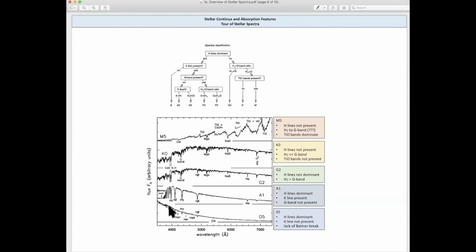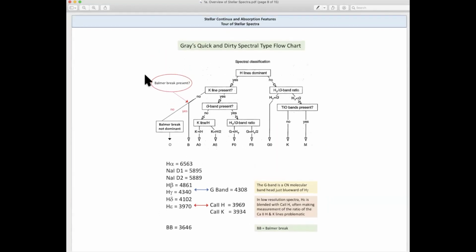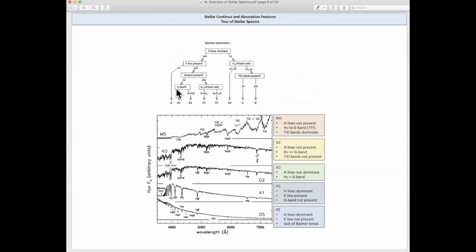You come down, I don't see it. That's a no. Then you should be looking for the Balmer break. As I said in my previous version, here's where you should ask about the Balmer break. In fact, there really is no Balmer break. There's basically a Balmer convergence, which does a reduction and then you recover. So that's an O star.